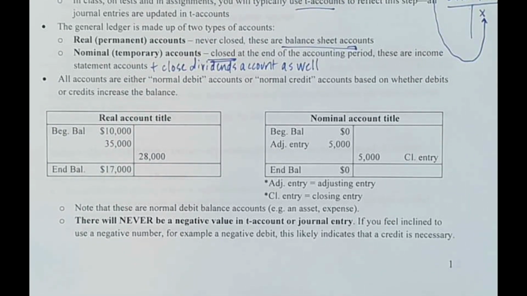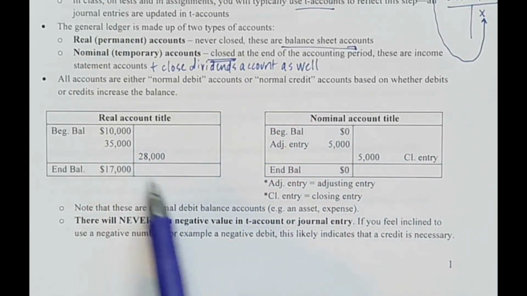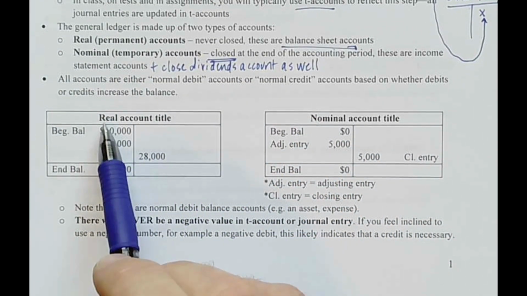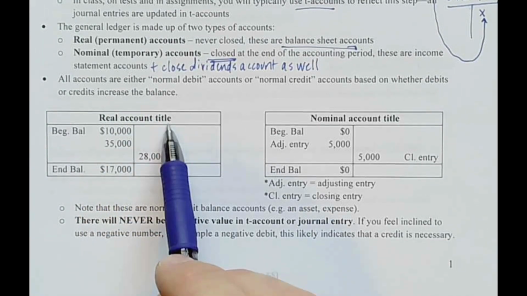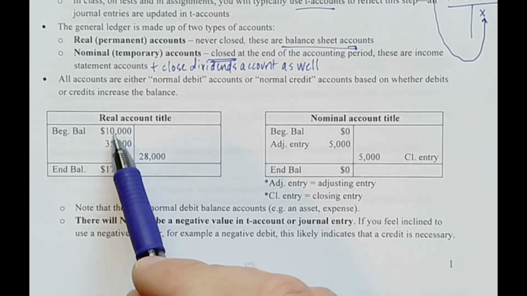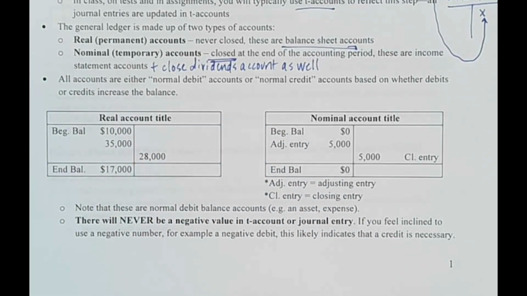If you look at the examples of the two accounts I have below, say that this one is a real account, and then we would put the title here. We'd have our T account. It has a beginning balance because it is a real account. That beginning balance was the ending balance of the prior period. Then we had some transactions that we journaled. We had a debit to this real account in one transaction, and a credit to this real account in a separate transaction.